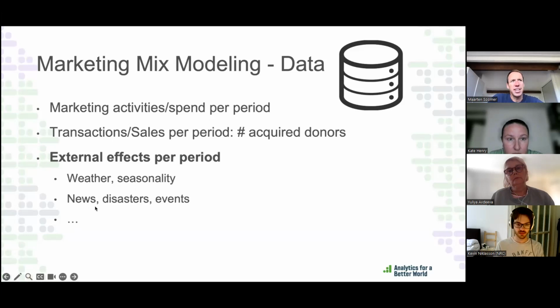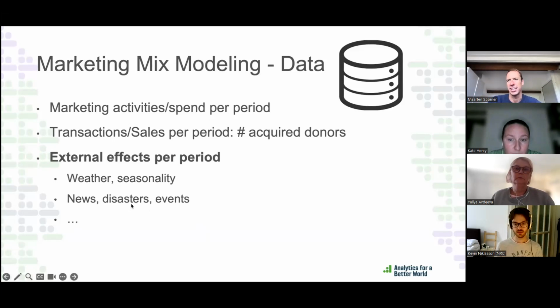It can be weather, seasonality, especially in case of non-profits. I imagine it can also be news events, like disasters happening. If there's a disaster somewhere, you get more donations with your non-profit, depending on what you're doing exactly. Let's say you're the Red Cross and there is a disaster somewhere.